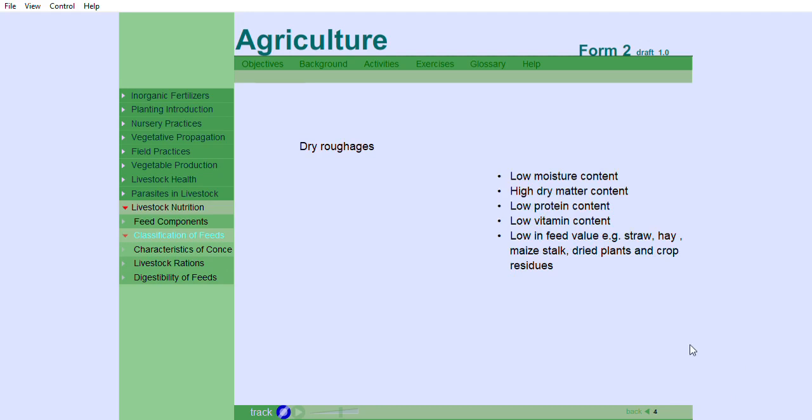Dry roughages: low moisture content, high dry matter content, low protein content, low vitamin content, and low in feed value, for example, straw, hay, maize stover, dried plants and crop residues.